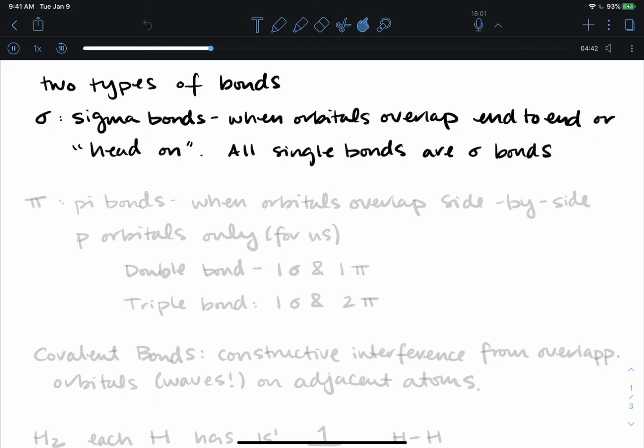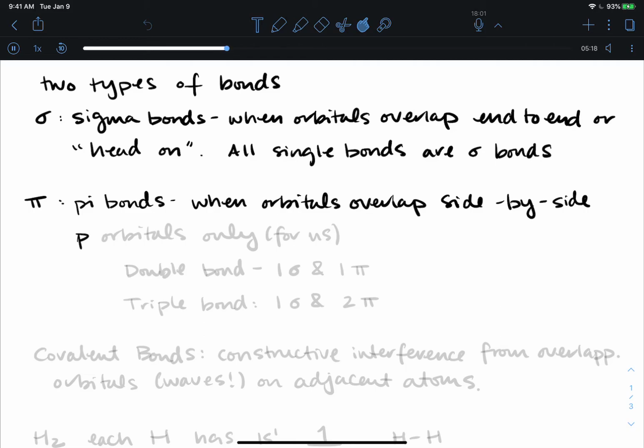Okay, the second type that we have to worry about for now is a pi bond. Pi bonds happen when orbitals overlap side by side. So we have to get some type of sideways overlap, and the only way for that to be possible is to use something like a p orbital.